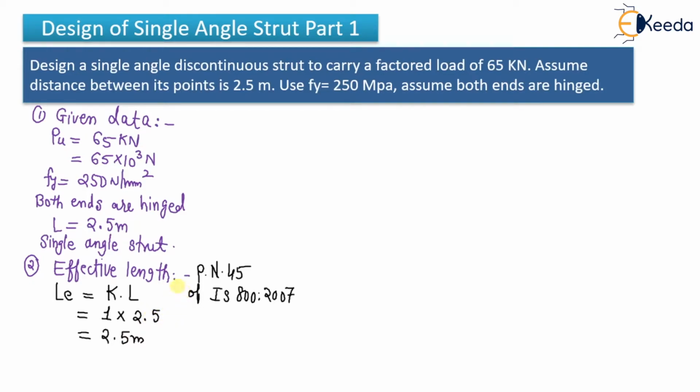Okay. Now the third step. Third step is what? You have to calculate the corresponding FCD. So I'll write here third step. Now to find out the value of corresponding FCD, I have told you that you must assume a certain value of lambda, that is slenderness ratio.